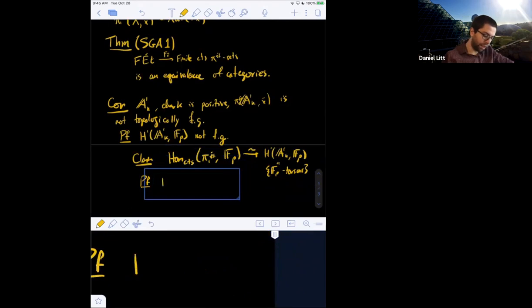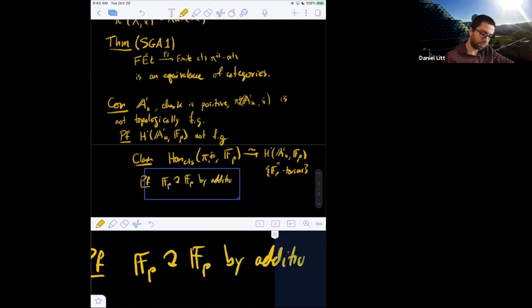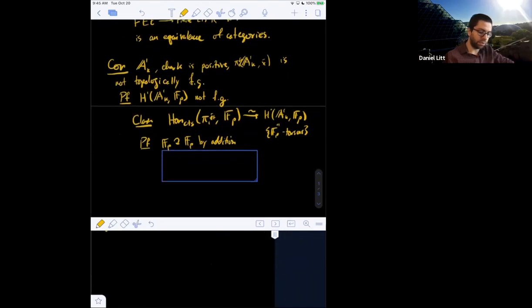Well, the point is that FP acts on itself by addition, right? Given an element of FP and an element of FP, you can add them together to get another element of FP.